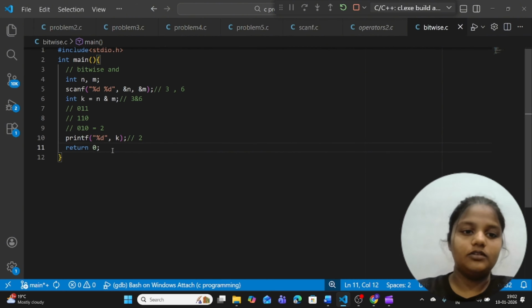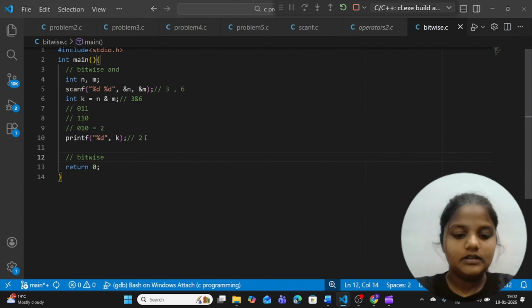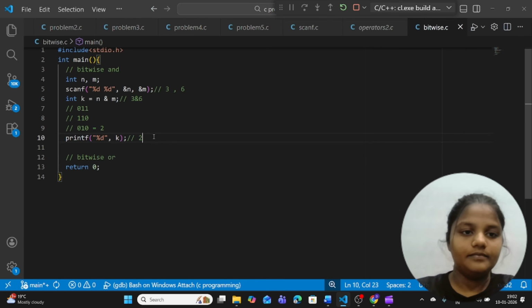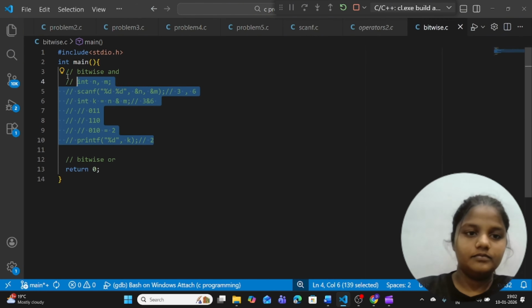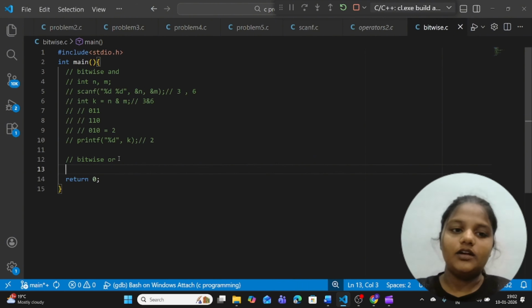So now we will go for bitwise OR. Okay. So for OR also we need to get 2 integers, right?